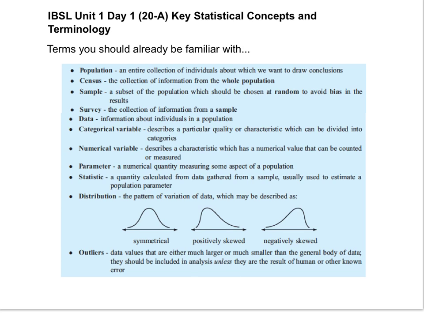Okay, so if we're doing statistics on the United States, everyone in the US would be our population. The 1,000 people that we survey would be our sample. Okay, and the amazing thing is they've done a lot of study into this, but the amazing thing is that they can actually make pretty good predictions on a population.